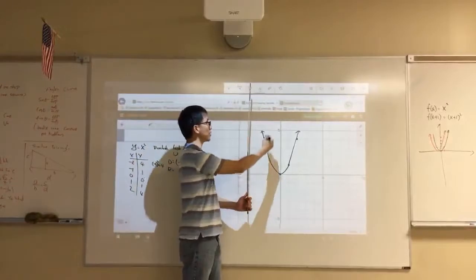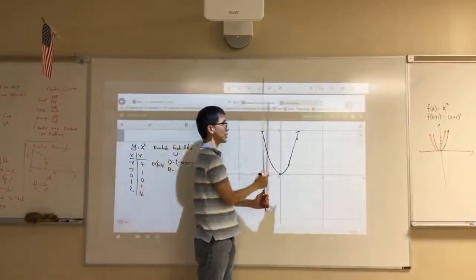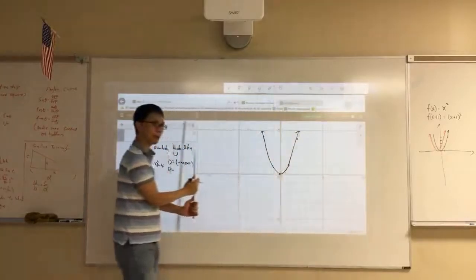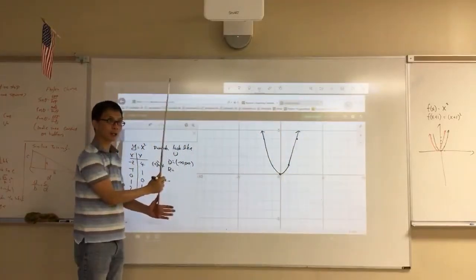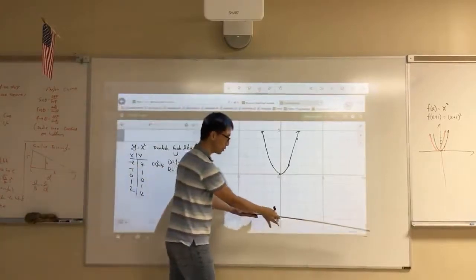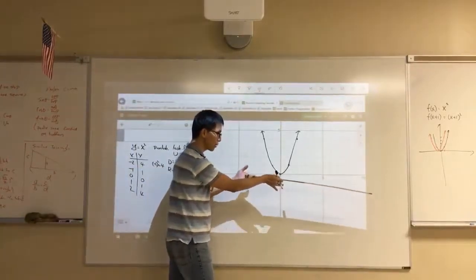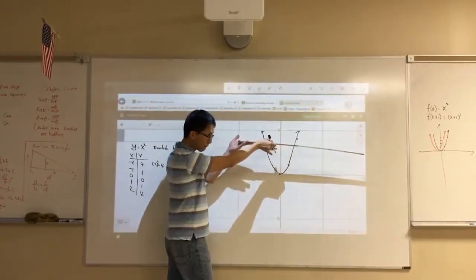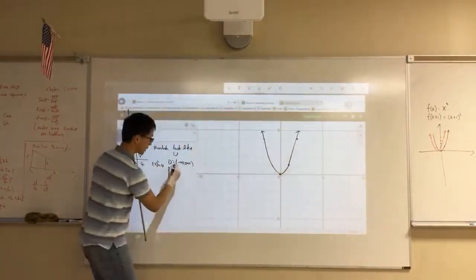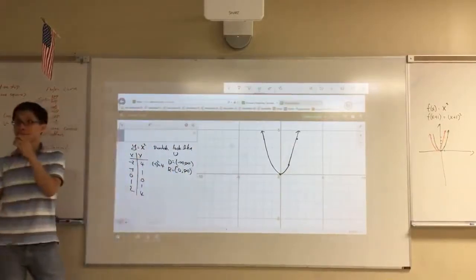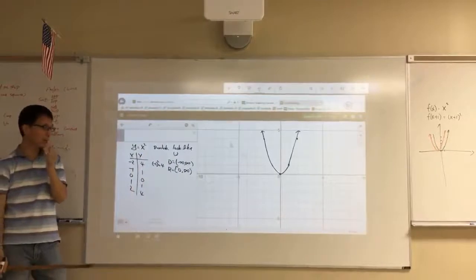The line intersects the whole way, so therefore it's all real numbers. But for range, look the other way, from down to up. Look at the shadow of this ruler. It doesn't really intersect the graph until 0. Is that including 0? 0 through infinity. So that's how you tell range.